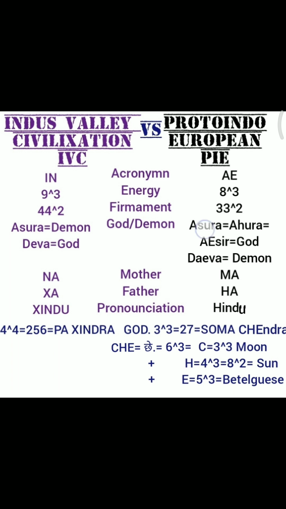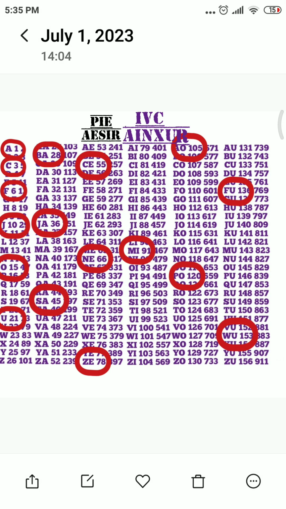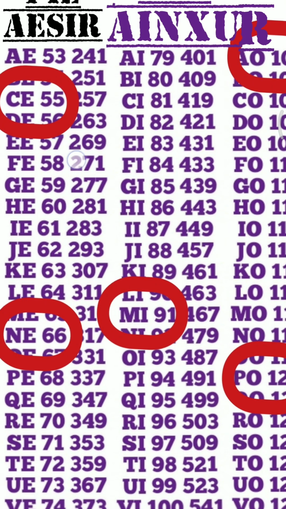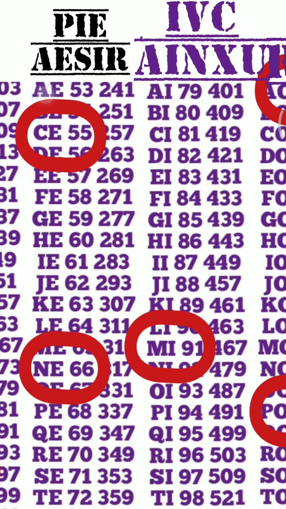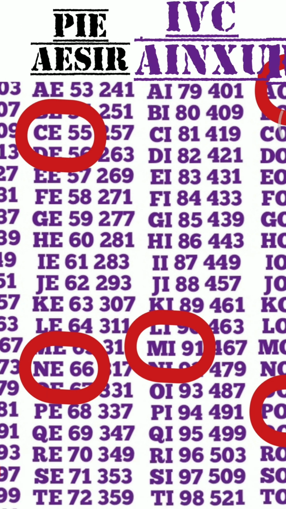They are asuras, Asirs. And the other thing I have also told you, this is AE. As you can see here, this is AE. This is PIE. Asir gods are PIE, and AI, Indian, India.